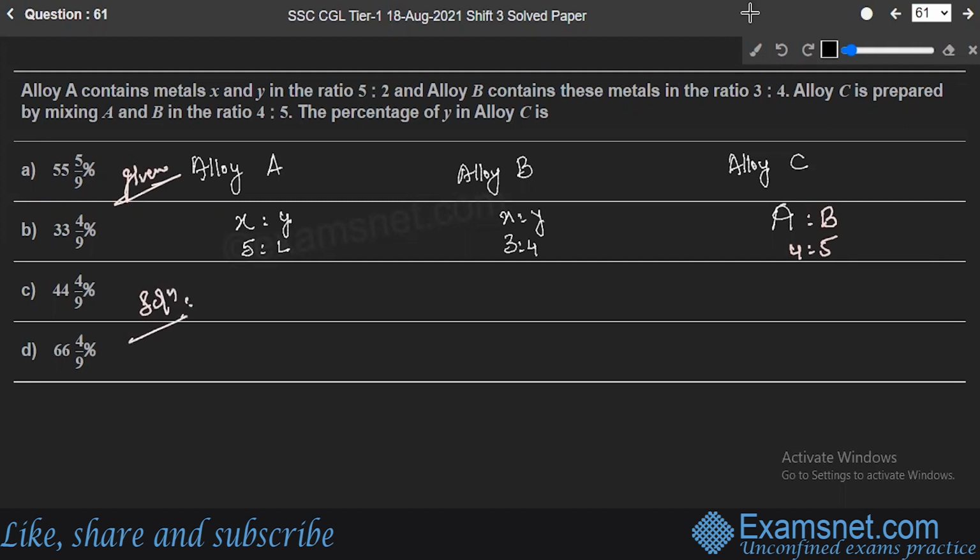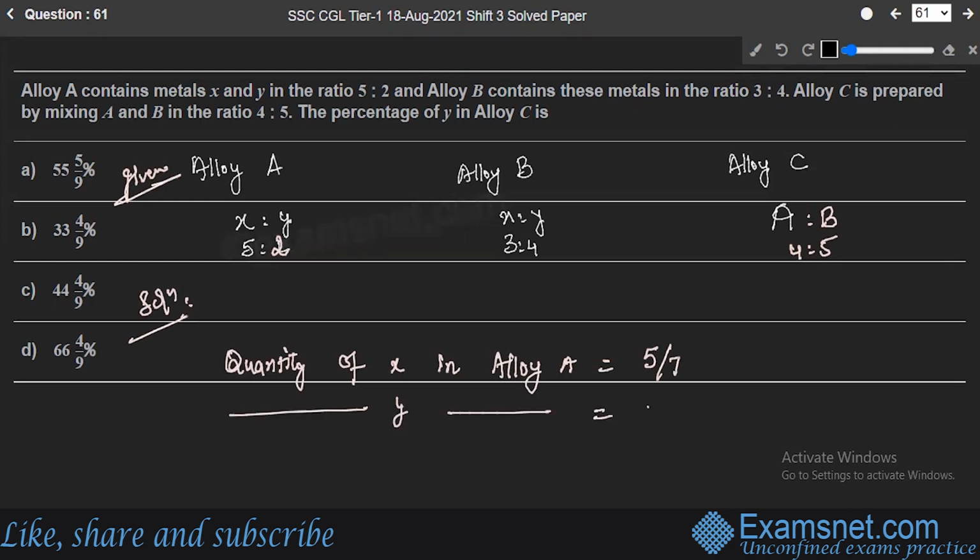First of all, let's write down the quantity of X in alloy A. See, this was 5 and 2, so of course it is 5 upon 7. Similarly, the quantity of Y in alloy A is 2 by 7.